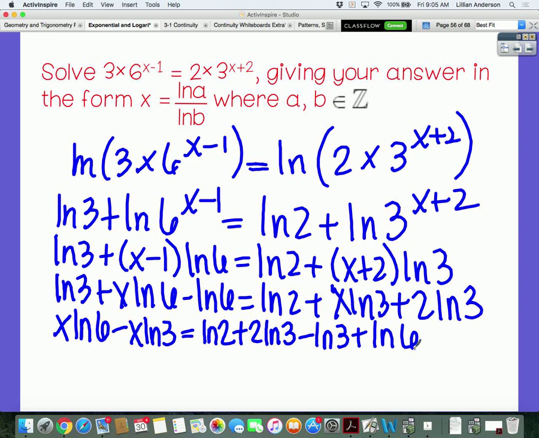Okay? Now at this point, it's kind of like, to each his own. If you want to, we can try to condense this right-hand side, because it is going to have to be ln of one number, not 4 different ln's. How can we condense this?